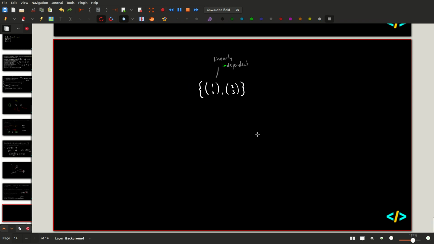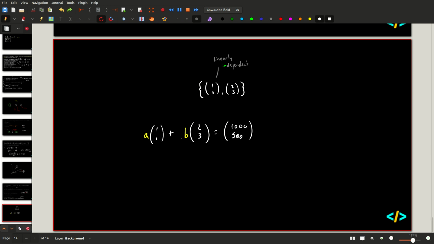Say we want to find some A and some B that we can multiply by these two vectors to get (1000, 1000). Actually, I'm going to change that to (1000, 1500). How can we get to it with a linear combination of these two vectors?